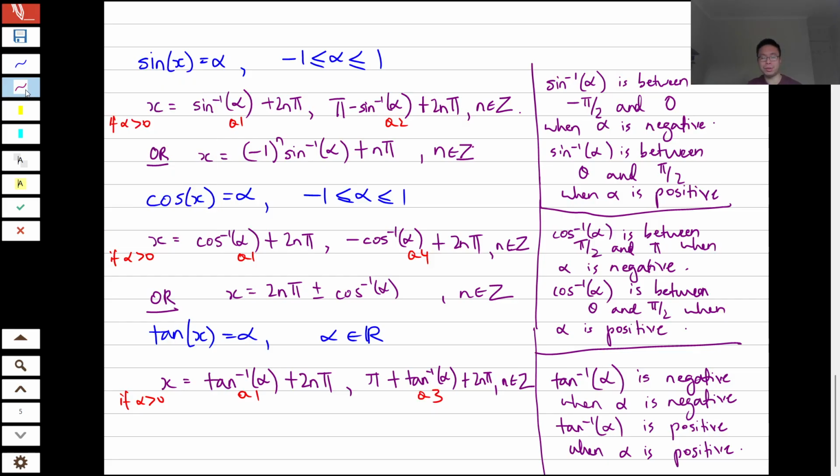Now, as we noted in the previous page, I can collapse these two into a single family because tan has period pi. So I can just say x equals inverse tan of alpha plus n times pi rather than 2n times pi.